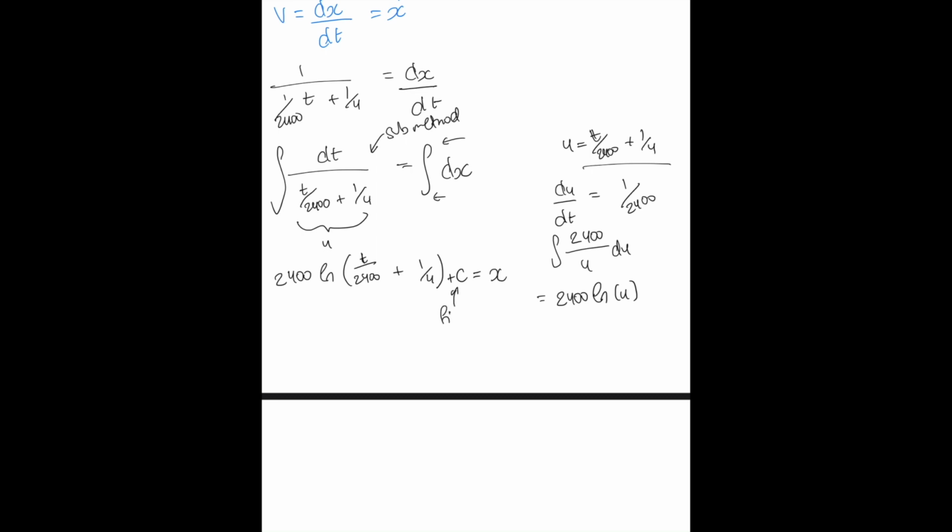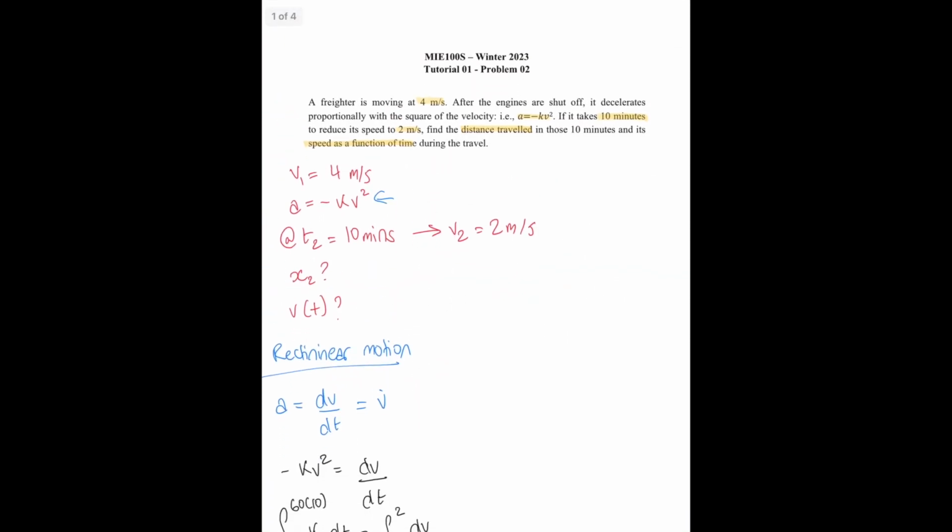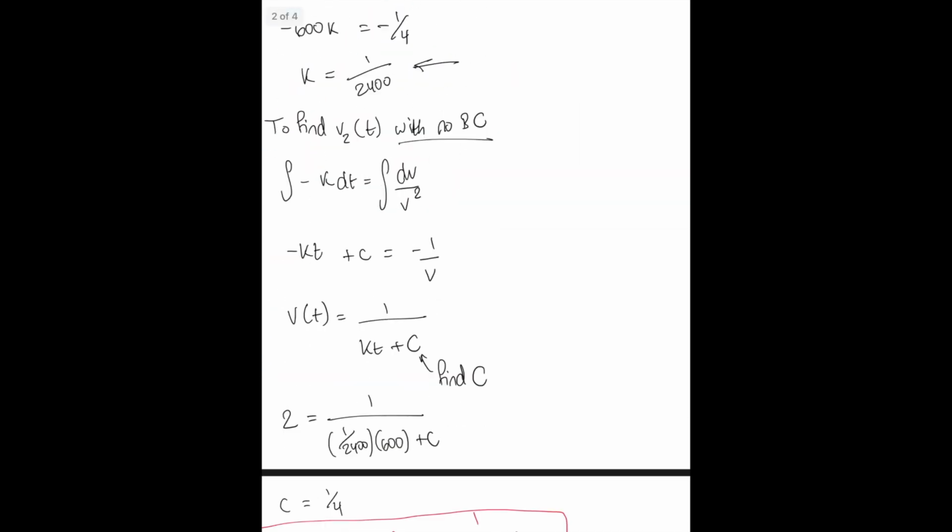Now, to find our c, we know that at x naught, so before this whole freighter started moving, our time must have been 0. So we're going to use this boundary condition to plug into our equation to find our c.